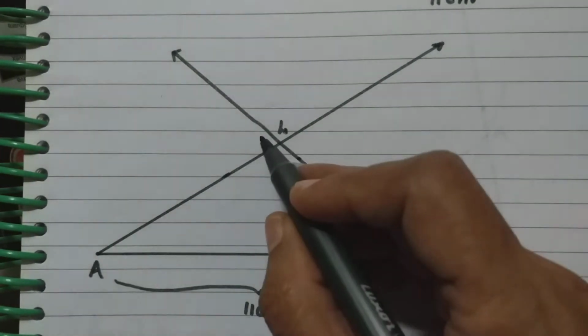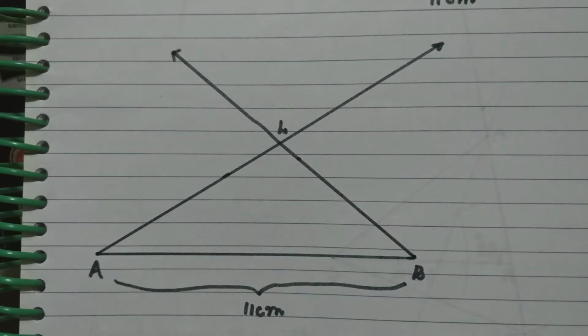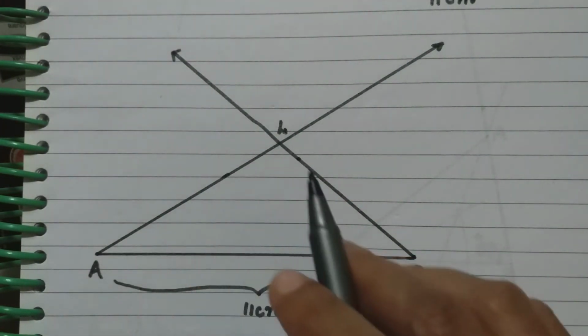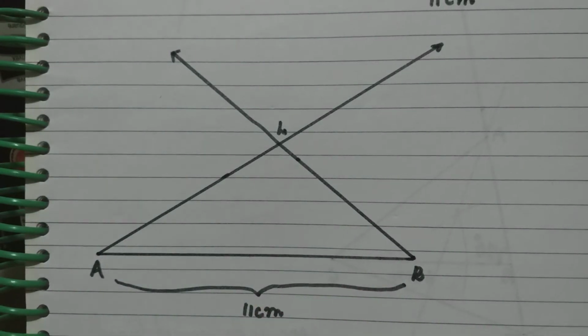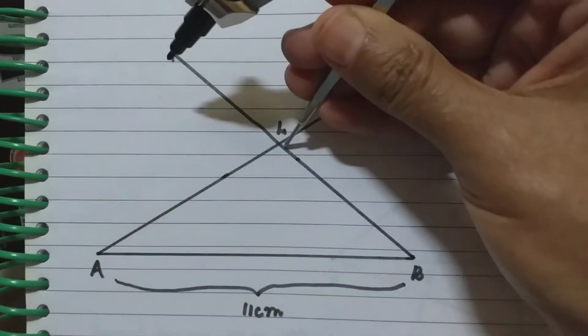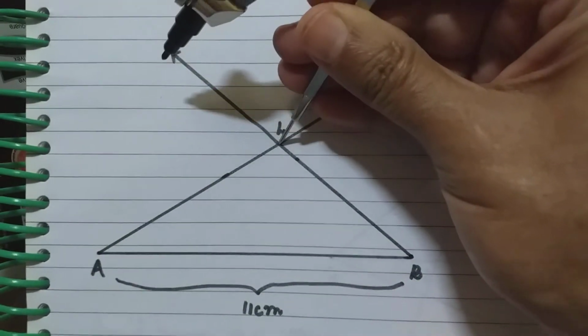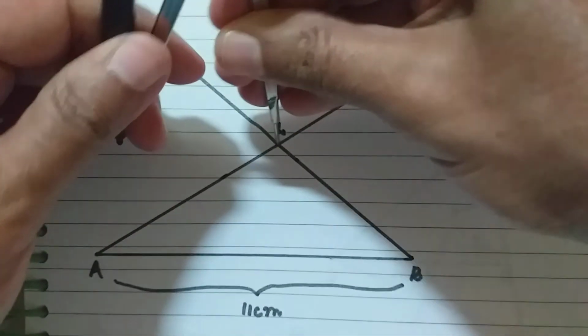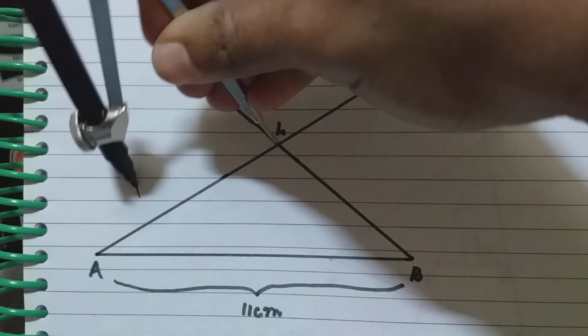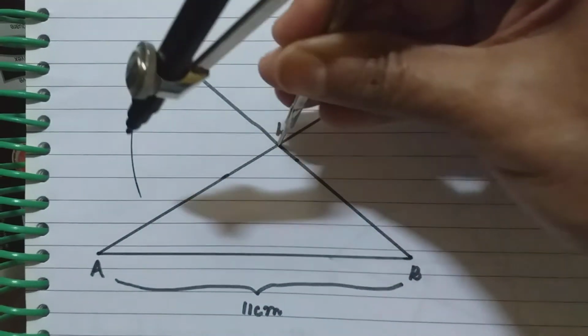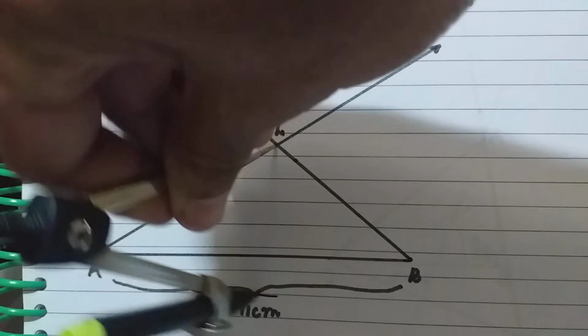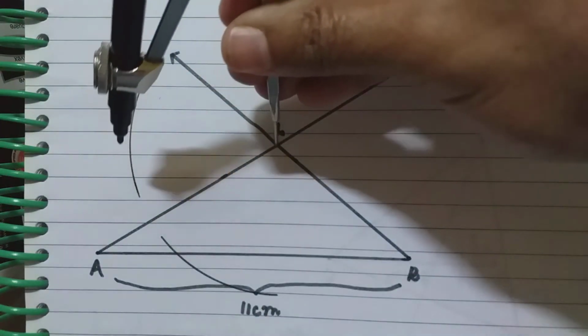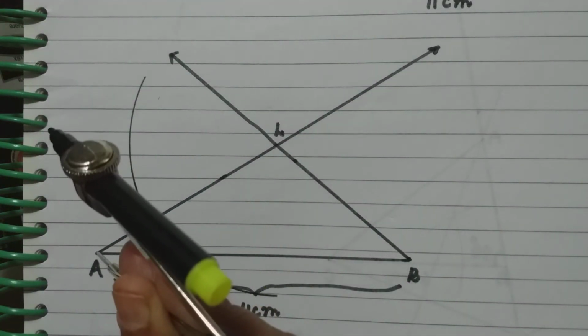Now we have to construct the perpendicular bisectors of the sides AL and LB. So I keep the point of the compass at L and draw one arc above the line segment AL and one arc below the line segment AL. Same thing I do here.